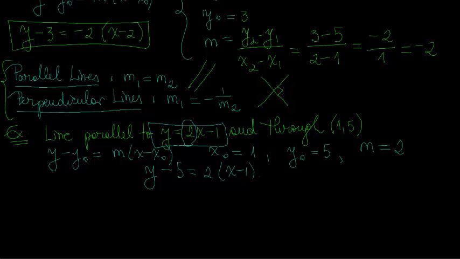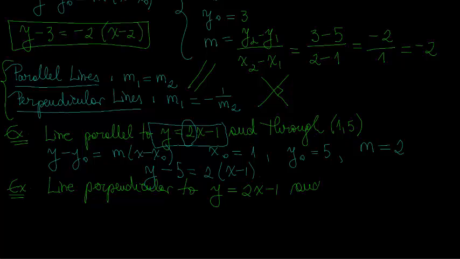As a final example, let's say that I want the same exercise, only that now I want the line that is perpendicular to the line y is 2x minus 1 and goes through the point of coordinates, say, (1, 6). Similarly as before, we're trying to find x0, which is going to be 1, and y0, which is going to be 6.